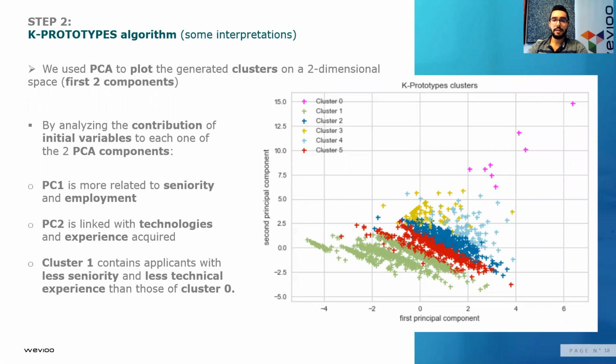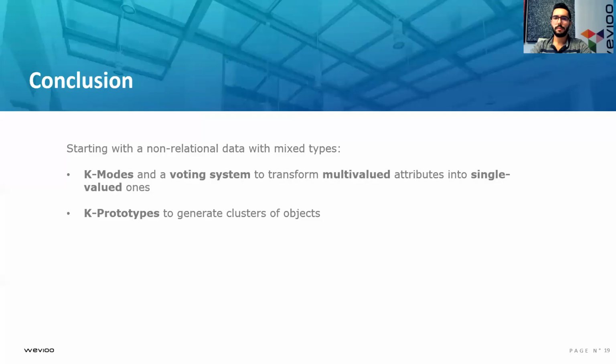To identify these components, we used the contribution of initial variables to each one of them. We found out that the first one is more related to seniority and employment. However, the second one is linked with technologies and experience acquired. Some of the interpretations that we made are, for example, that cluster 1 contains applicants with less seniority and less technical experience than those of cluster 0.